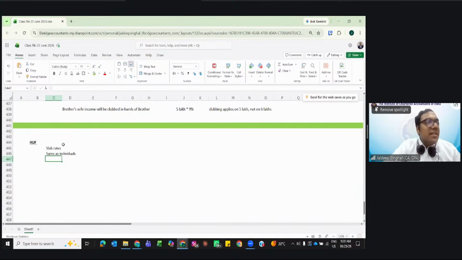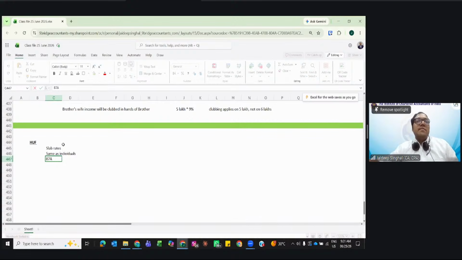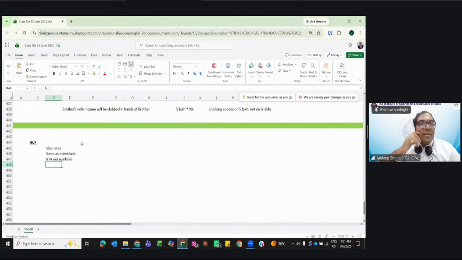But is 87A rebate available in HUF? Yes or no? It is only for the individuals. 87A not available. But still the slab rate benefit is there.